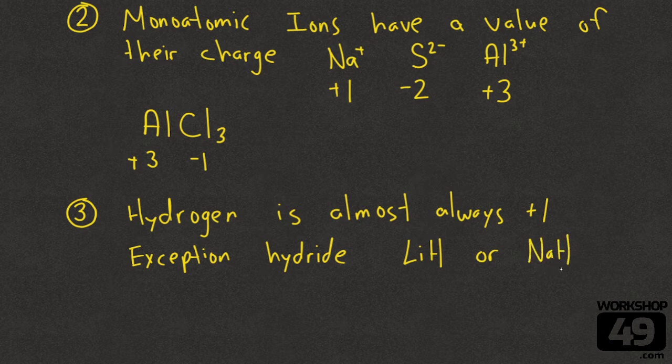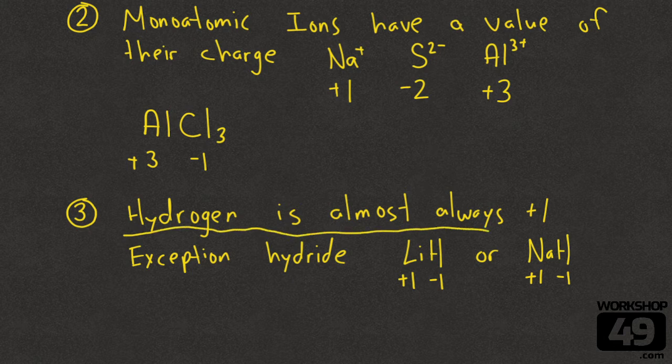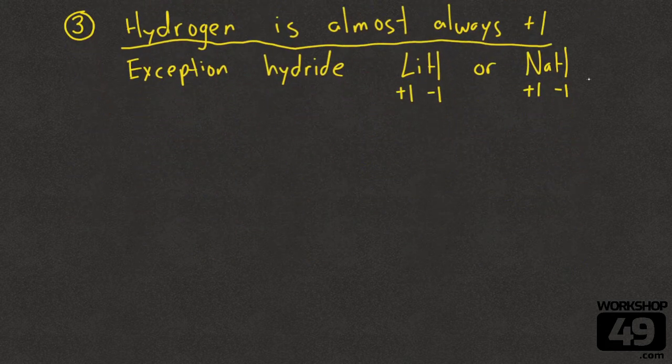It's not acting like a molecular compound, it's acting like an anion, where the lithium is the +1, which makes the hydrogen a -1. In sodium hydride, the sodium ion is the +1, and the hydrogen's acting like a -1. Otherwise, hydrogen is almost always +1.